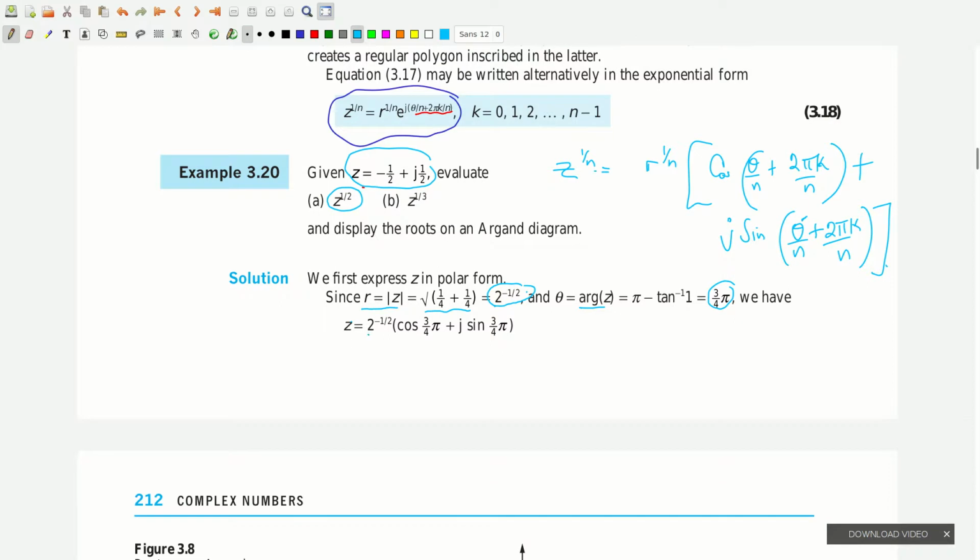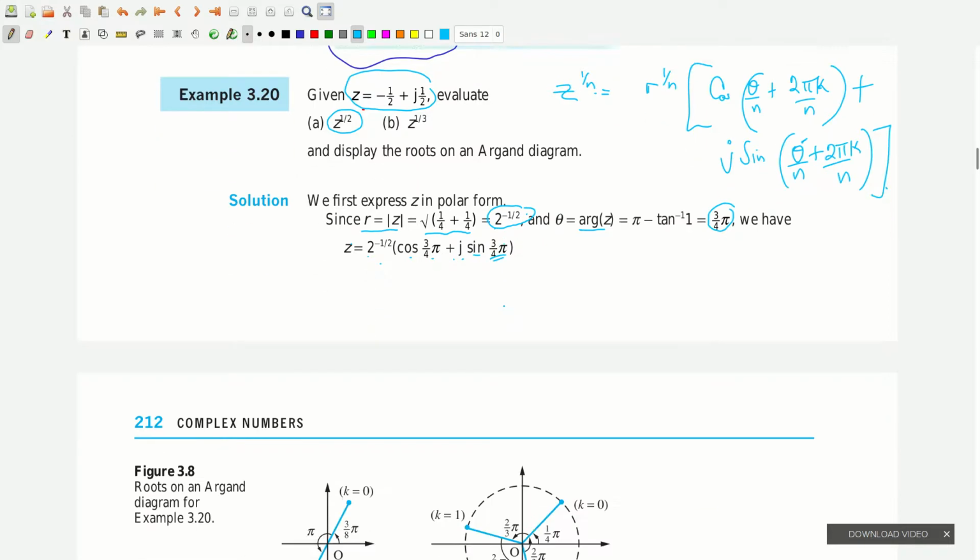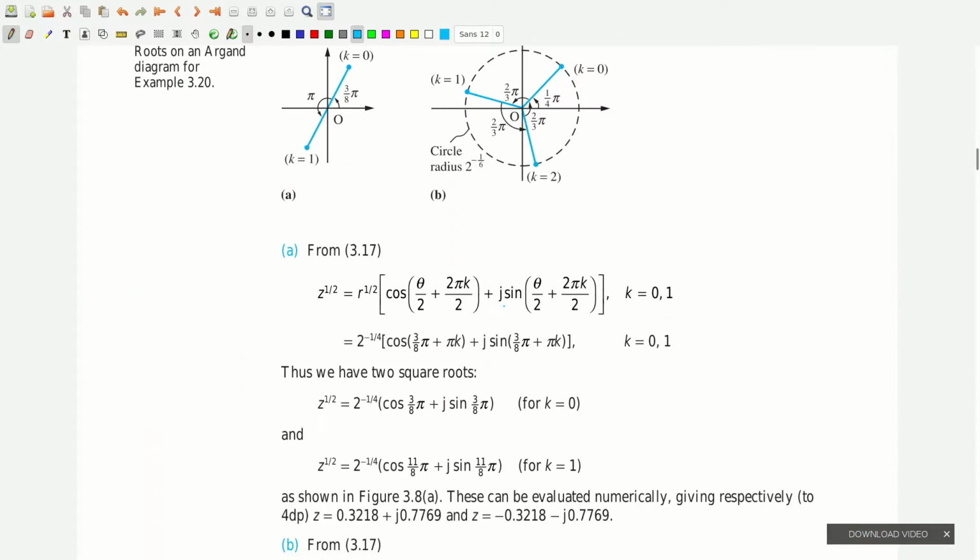Okay, this is just z. So this is r, then cos theta plus j sine theta. And then we can now say that z to the power 1/2 is going to be r to the power 1/2. We have already written this down.